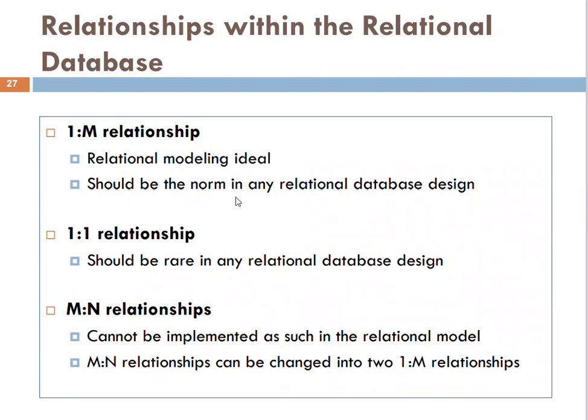It should be the norm in any relational database design. One-to-one relationship should be rare in any relational database design. Then many-to-many relationships cannot be implemented as such in the relational model. We will see later. I will explain why.